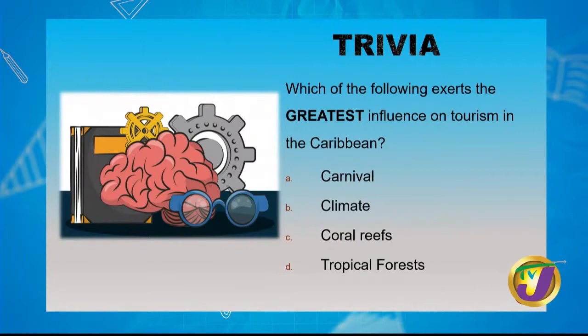Which of these exerts the greatest influence on tourism in the Caribbean? Is it A, carnival? Is it B, climate? C, coral reef? Or is it D, tropical forest? I give you a second to find your answer.